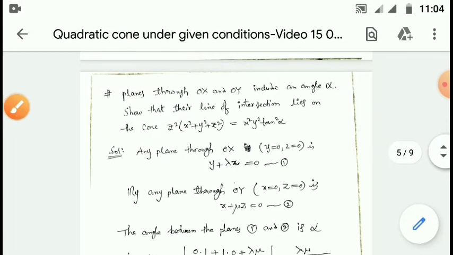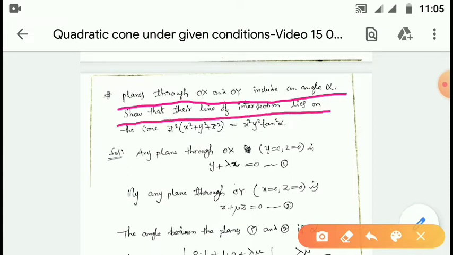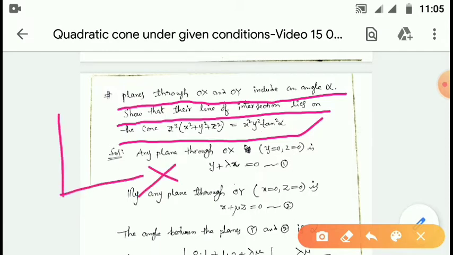This is another problem. Planes through OX and OY include an angle alpha; show that their line of intersection lies on the cone. Actually, this is the x-axis, this is the y-axis, say this is the z-axis.